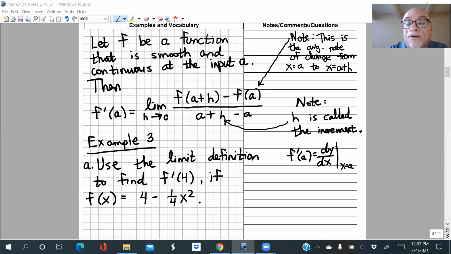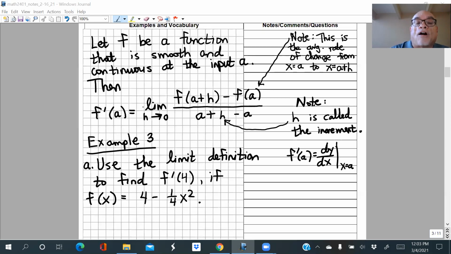As we choose smaller and smaller increments, what limiting value is this average rate of change approaching? That is what is encapsulated in this notation in front of the fraction. We're trying to compute the limit as our increment gets very close to zero.